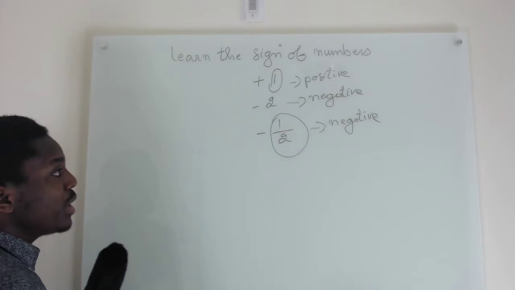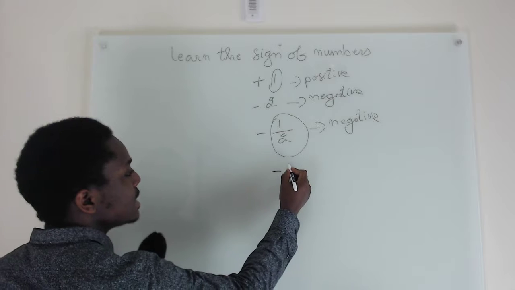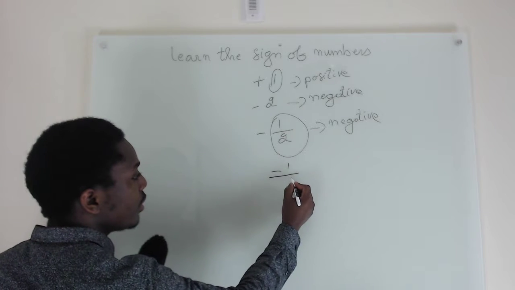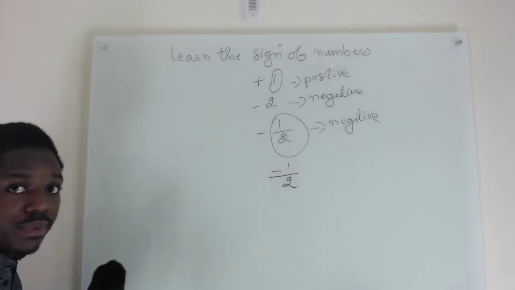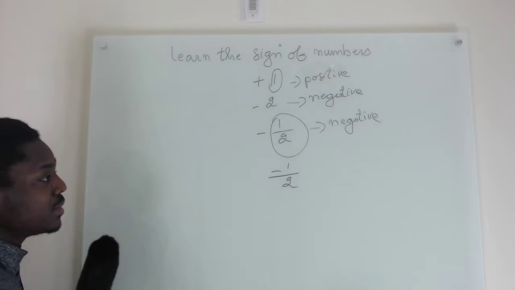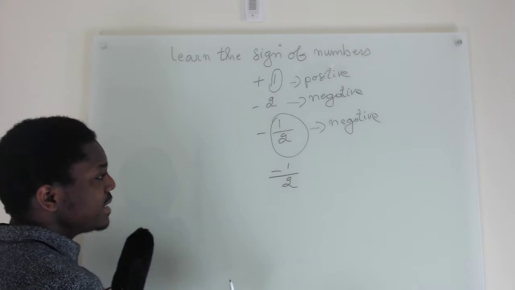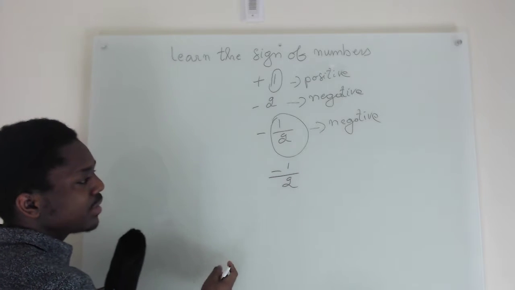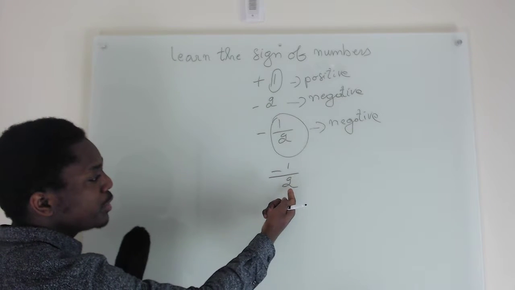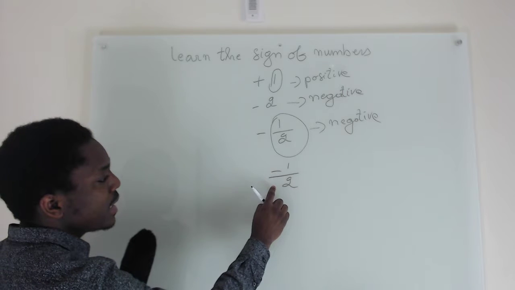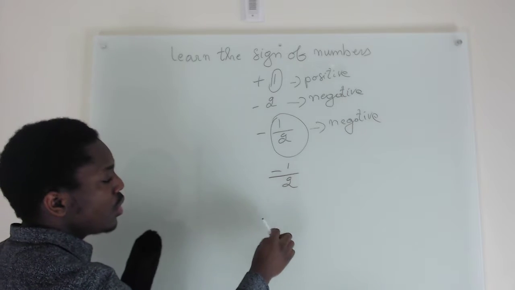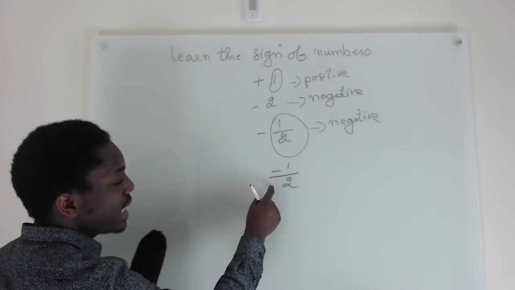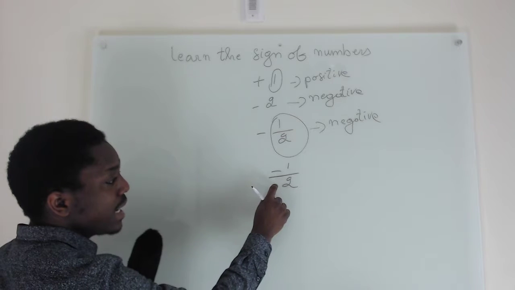How about if you have something like this, -1 over 2? In this case, we may say that the sign of the number 1 is negative, but the sign of the number 2 is positive. Any number that does not have a sign, its sign is positive.